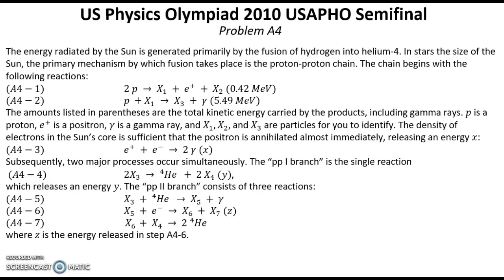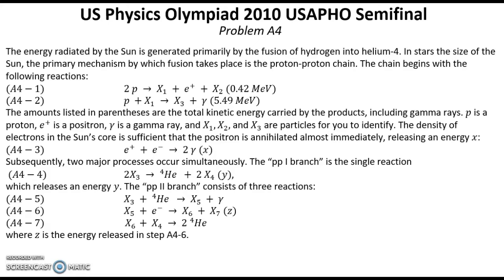First reaction is element X3 plus helium-4 go into element X5 plus gamma ray. Next reaction, element X5 plus electron go into element X6 plus element X7. And the last reaction is element X6 plus proton go into two helium-4 particles, where Z is the energy released in step 6.